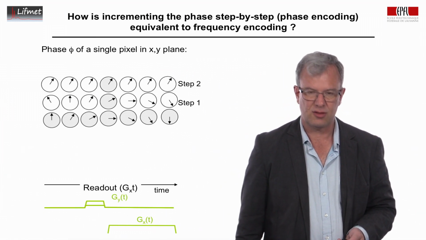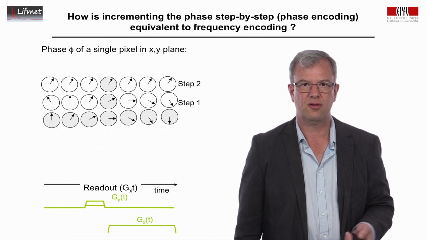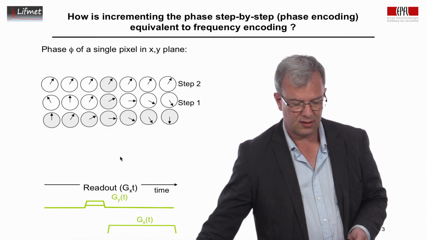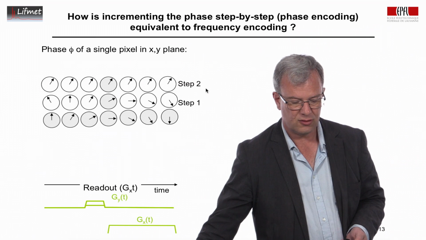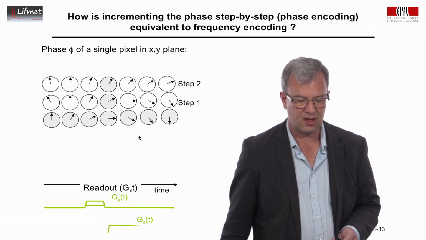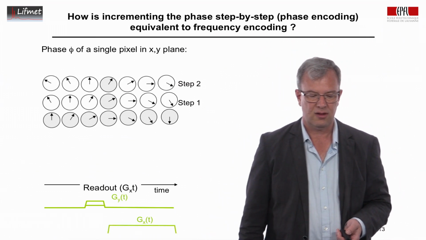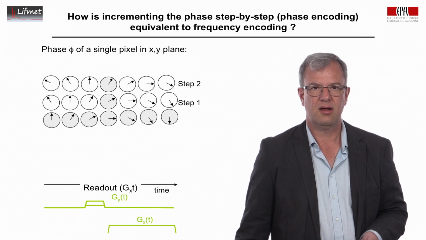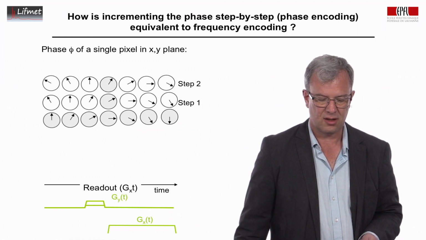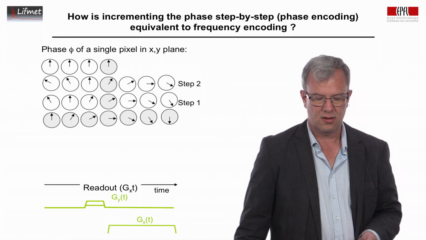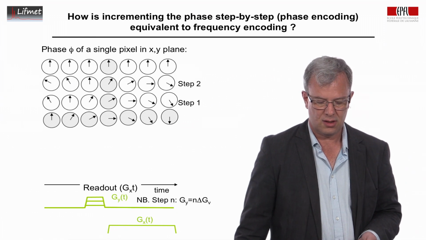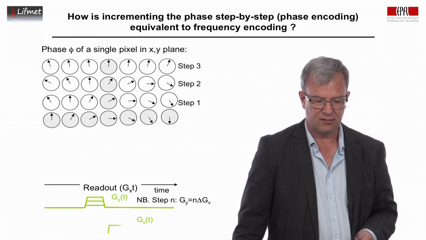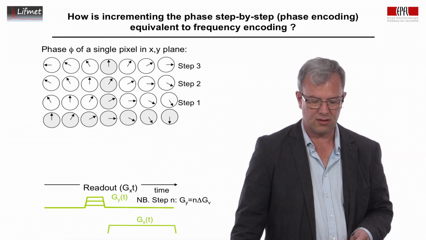We'll do the next step. So we have twice the gradient amplitude along y, so the phase is twice as big here to start with. We'll just draw the 7 time points along x, and as we apply the gradient along x, the magnetization develops along x as we see here. We'll do the third step, and we'll have the phase evolution during the y gradient.